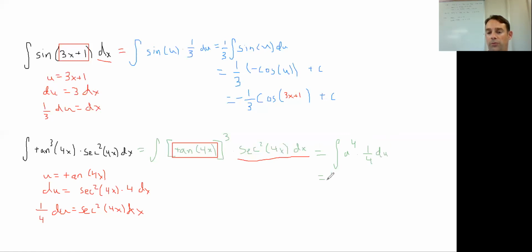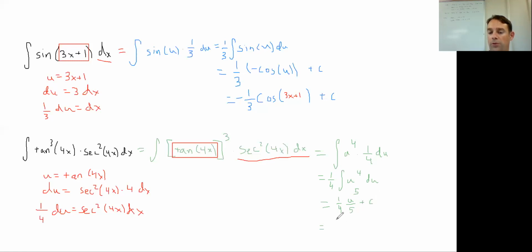All right, so move the 1/4 to the outside again. Pretty darn slick if you ask me, friends. I'm a big fan of this u-substitution. By now, we also are getting hopefully really good at what the power rule is for integration.